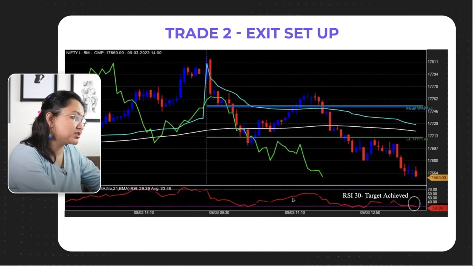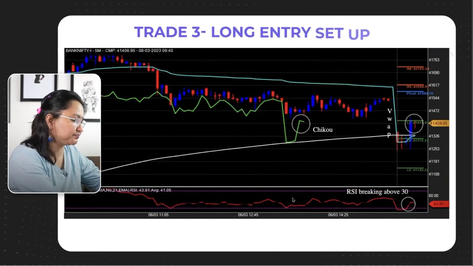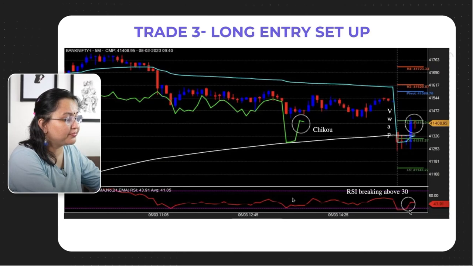Now let's look at some long setup examples. During the long setup, as we discussed, RSI will be below 30 and the next candle, RSI will be a signal candle wherein RSI rises above 30 and gives you a signal. The third candle will be your entry candle, and usually you will find this setup near the support of S1 or S2 levels, and the Chicago would be below the prices.